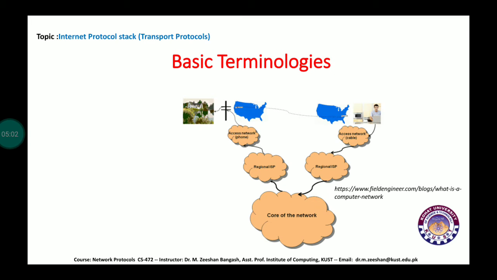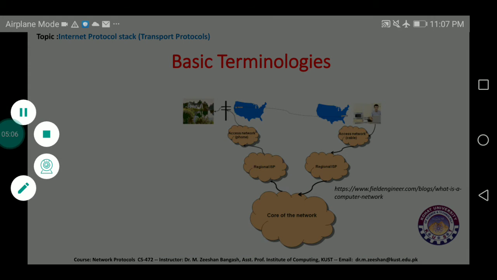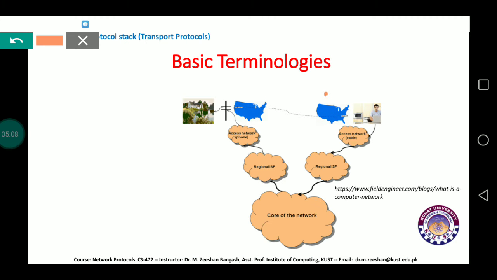Here is another diagram that shows the communication between two continents. There is a far distance between the sender and the receiver.